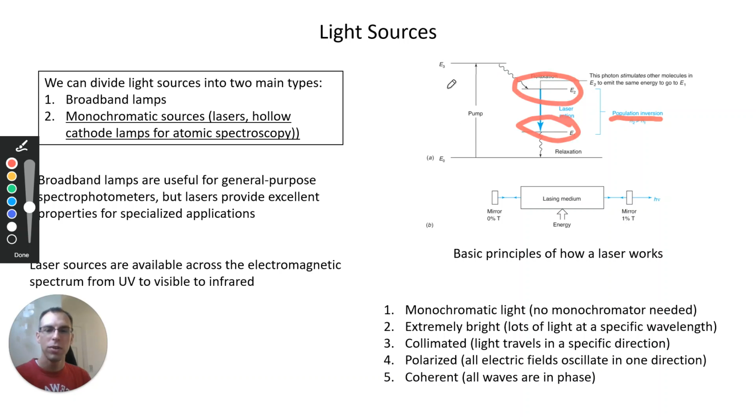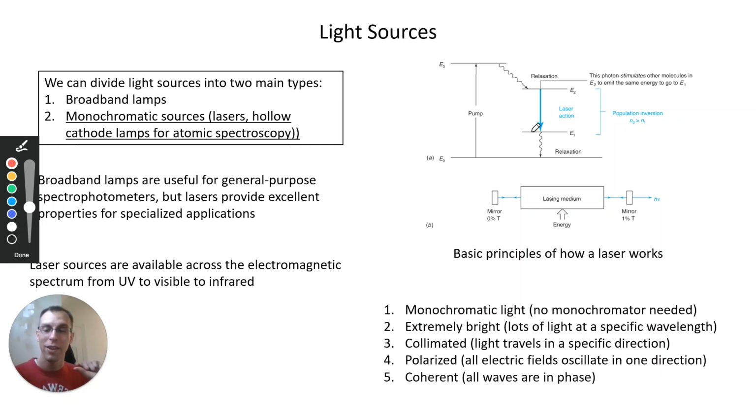And what you can do when you achieve this population inversion is that you have what's called stimulated emission, where a photon that matches this energy gap can cause light to be emitted. We often think of light being absorbed when we have a photon that matches an energy gap, and that's what we rely on for spectrophotometry.